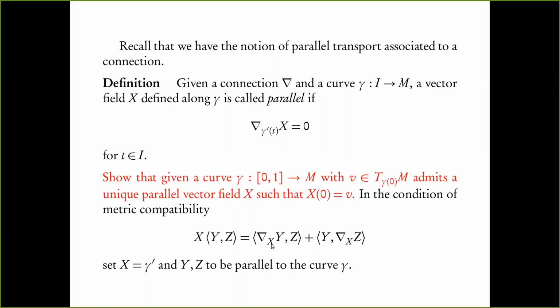So far I'm taking x and y to be gamma dot, where gamma is a geodesic for nabla. What would that give you? That gives you nabla gamma dot gamma dot, which is 0 because gamma is a geodesic for the connection. This is going to be gamma dot inner product nabla gamma dot of whatever this quantity is. And here you're going to get gamma dot of gamma dot inner product z.